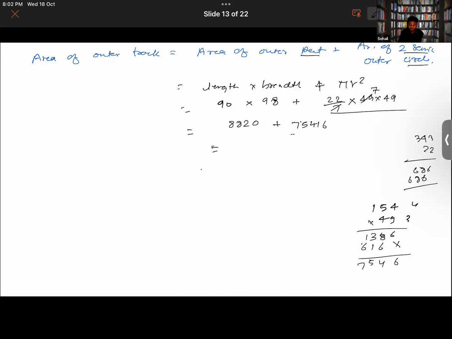Then add these two. What does that give you quickly? It will be 16,366 square meter.